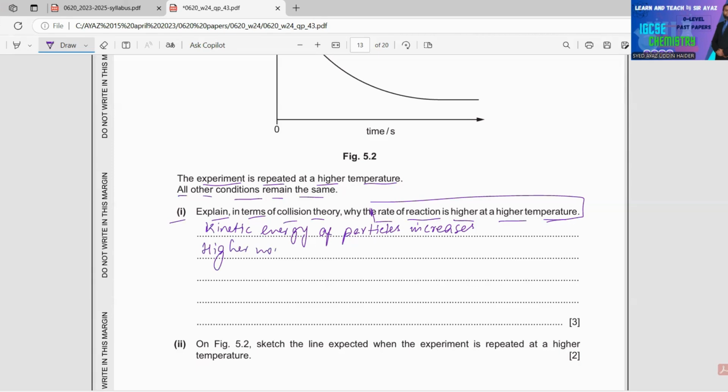Higher number, fractions. You can even write fractions. You can even write proportions.